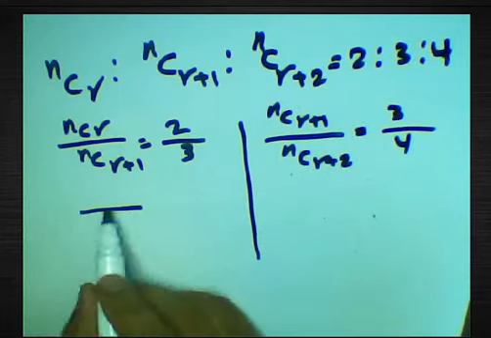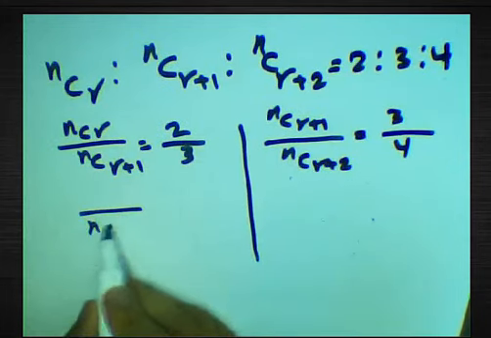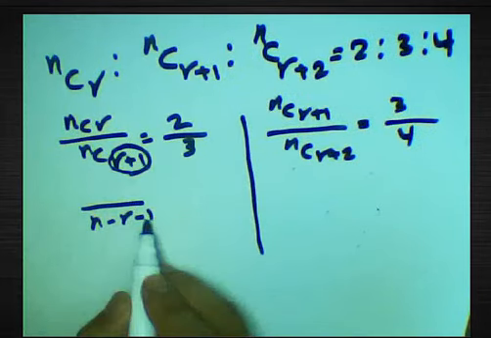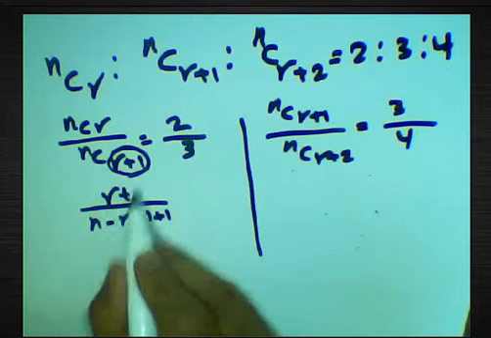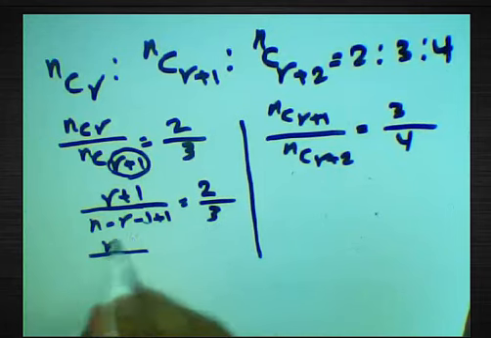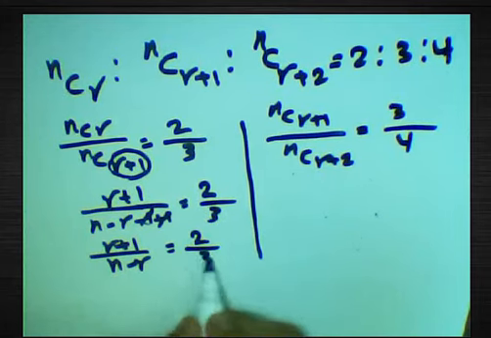We can use the rule here. We have the greatest down, then we can write n subtract the greatest, plus 1, over the greatest, equal to 2 over 3. The result will be r plus 1 over n minus r equals 2 over 3.